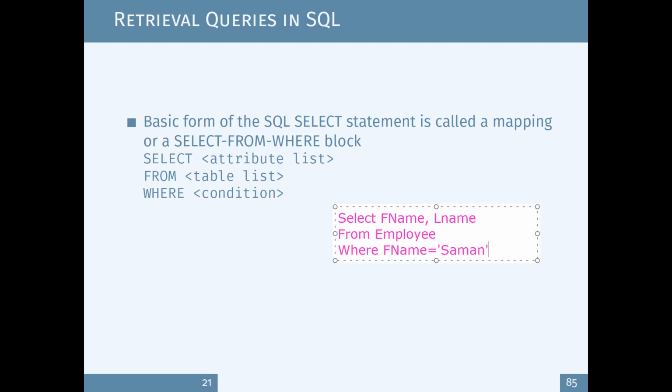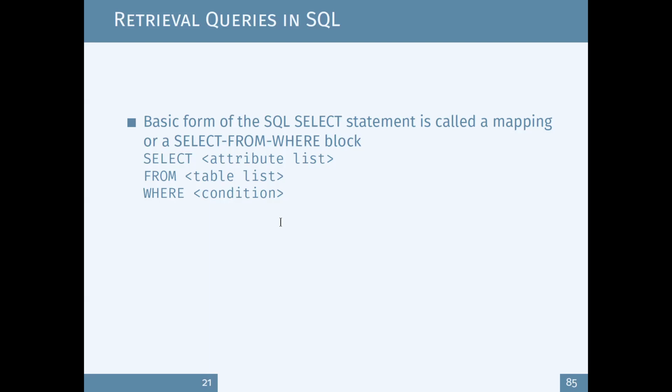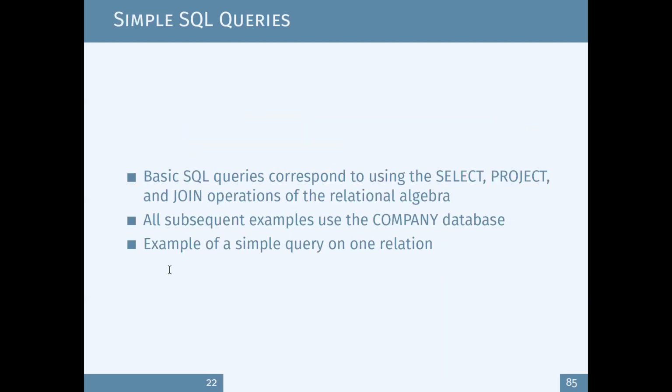Okay, so I hope you got some basic understanding about how to write queries here. Right. Now, when you're writing queries, there are queries which is very direct. Direct means the example I gave to you. Okay, I need the first name and last name, whose first name is Saman.